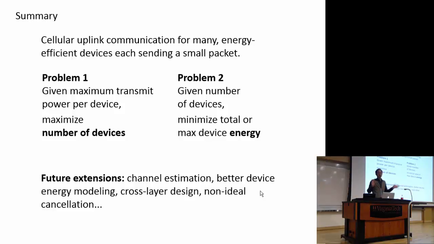But in the end, you want to engineer your system to have some low outage probability. Like to minimize the number of times that the same device has been unable to send? That's right. You can engineer it to account for that cell edge performance.